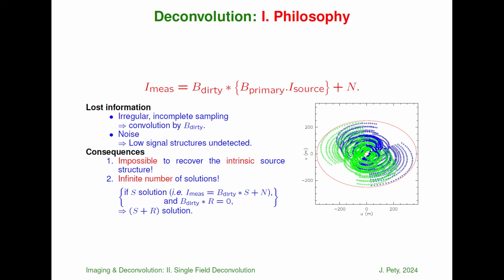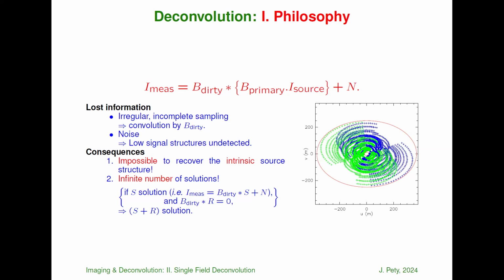If I succeed in finding another function R that, when convolved with the dirty beam, gives 0, then S plus R is also a solution, because this is a linear equation. Are you telling me that it must be very difficult to find such a function R?